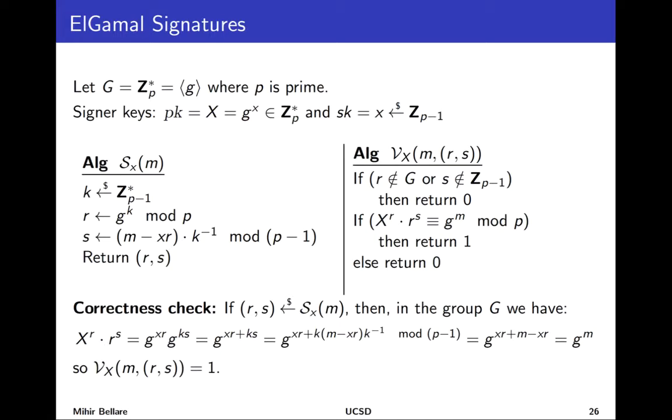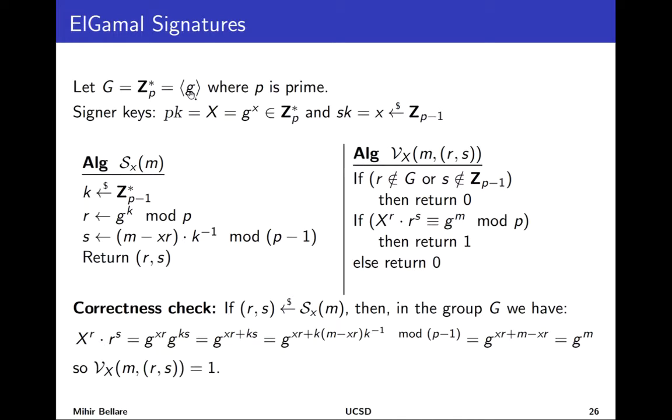Okay, so let's look at an example scheme, and this is the Elgamal signature scheme. You have to recall all our discrete log-based math. So we'll let the group be the integers mod p relatively prime to p. Remember, that's the numbers from 1 through p minus 1, and the group has size p minus 1.